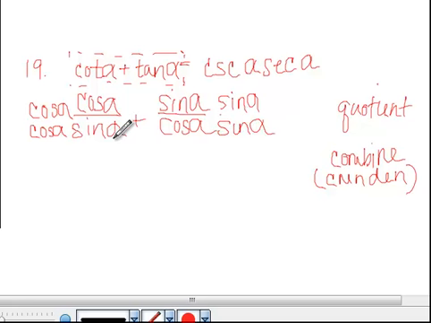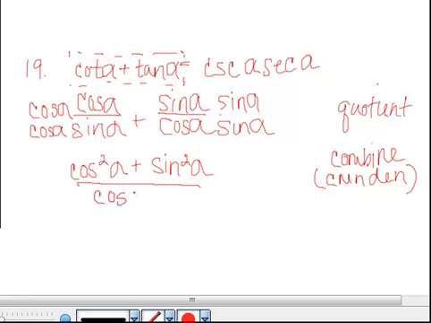So when I do that, I'm going to get cosine of alpha times cosine of alpha is cosine squared of alpha, plus here it's going to be sine squared of alpha. And this is all over that common denominator. Now don't forget, you don't have to add those or anything. It's just like 1/2 plus 1/2 is 1 plus 1 over 2, because that was the common denominator. So we have cosine of alpha, sine of alpha.